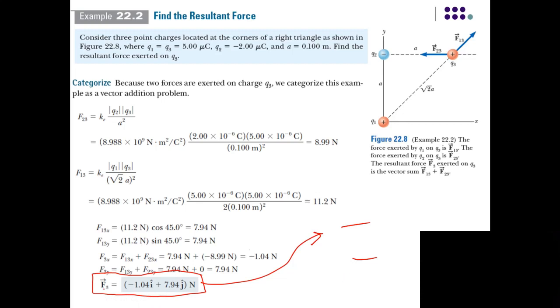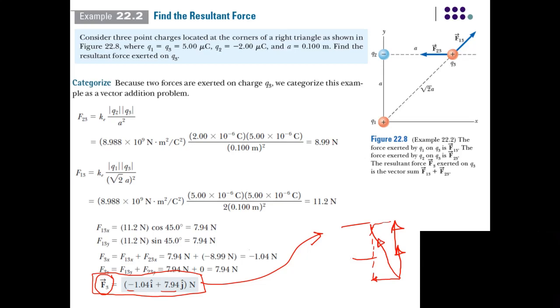So F3 means this is the total force affecting Q3. It has a component on the negative, so it has something like this. This is negative, and this component is positive, so it's going to be like that. And it looks like this is 7.9, this is 1, so maybe something even higher. So the magnitude of this will be something like this.